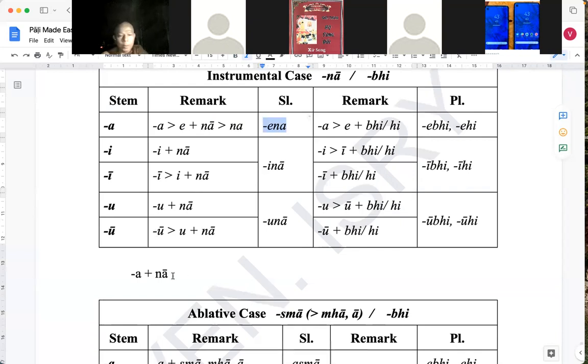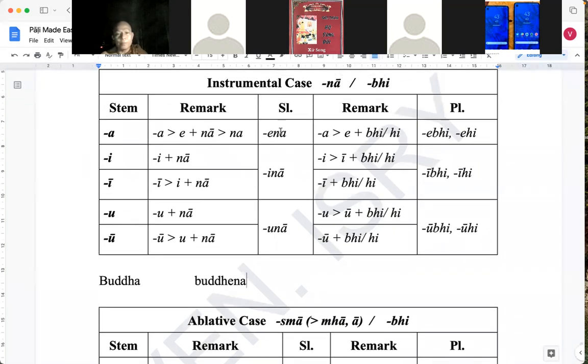So that is why the stem Buddha, in the instrumental case singular, is Bodhena. Bodhena. The same way for the plural form.